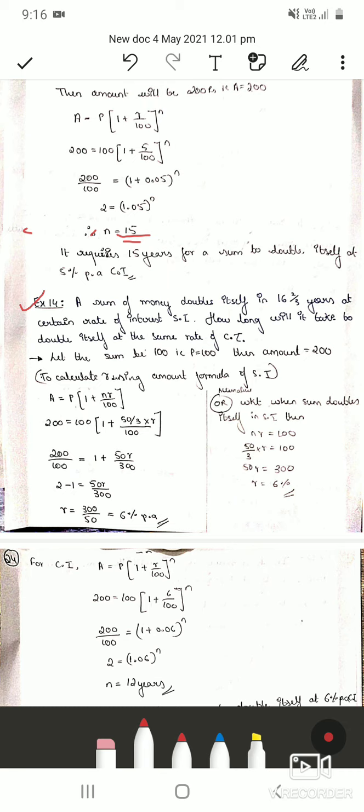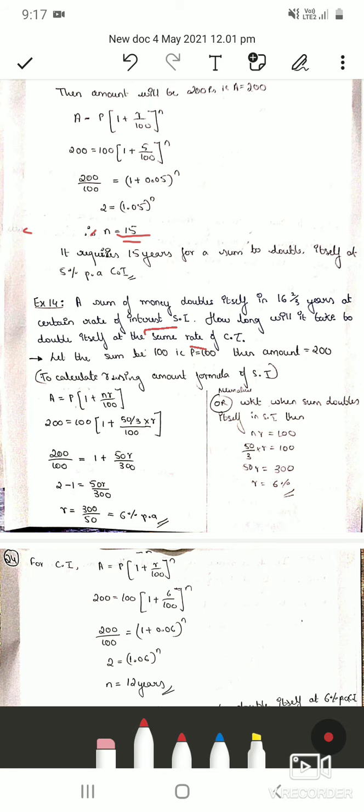Here they have given there is a certain sum of money and it doubles itself in 16.667 years, and they have not given the rate, but it is with simple interest. And then they have asked how long will it take the same sum to double itself at the same rate of compound interest.